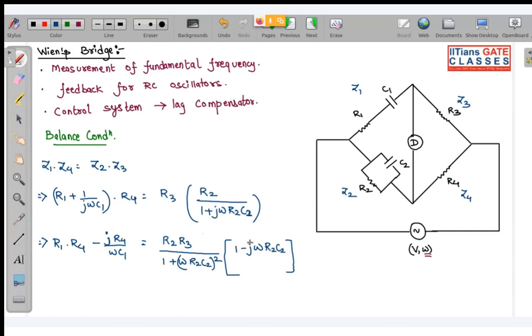Okay, so now let us separate the real part and imaginary part.